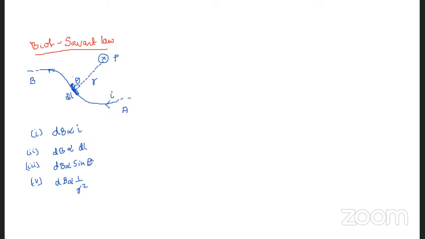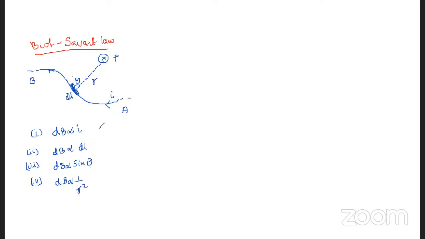One more point is that dB is inversely proportional to the square of the distance r of the point P from the element dl. So dB is proportional to 1 by r square. Now we have dB proportional to I, dB proportional to dl, dB proportional to sine theta, and dB proportional to 1 by r square.